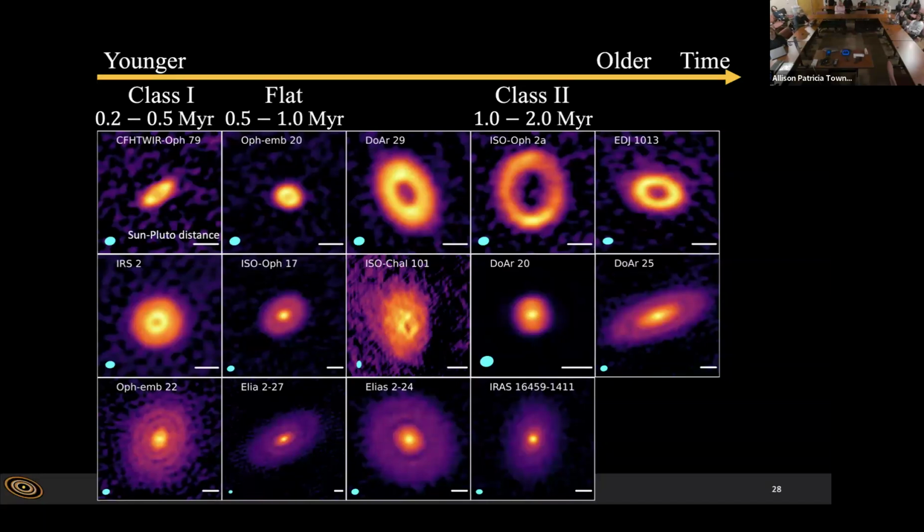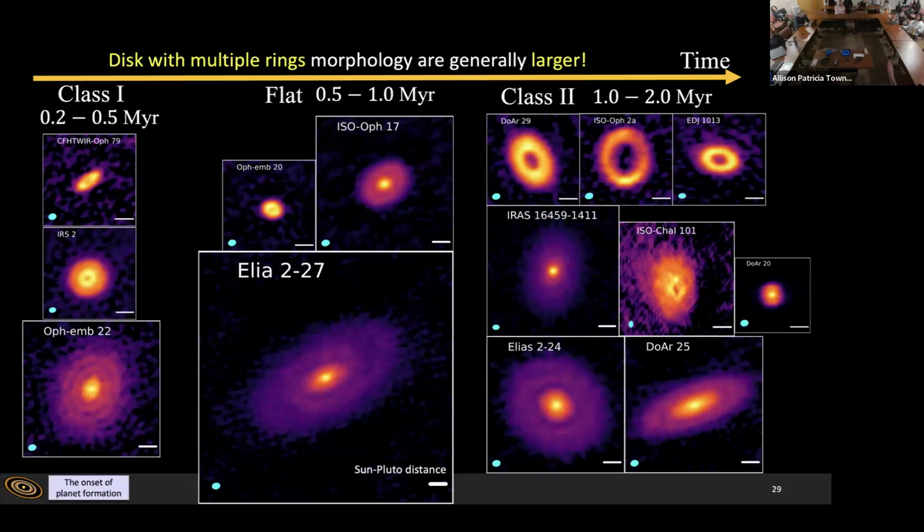I aligned them by age. The youngest ones, class 1s, are shown on the left, and then flat spectrum sources, as well as class 2 sources.